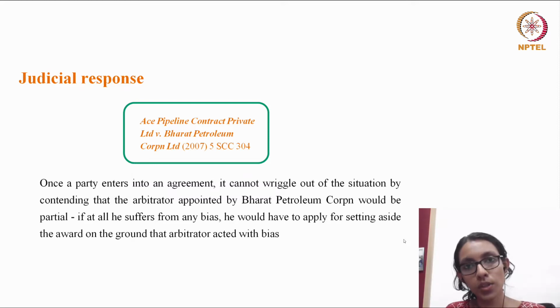So in this case, the court clearly stated that if Ace Pipeline Contract had an apprehension of bias, they would have to apply for setting aside the arbitral award, and that they cannot challenge the appointment of the arbitrator per se, as they had agreed to it with full knowledge before entering into an arbitration agreement.